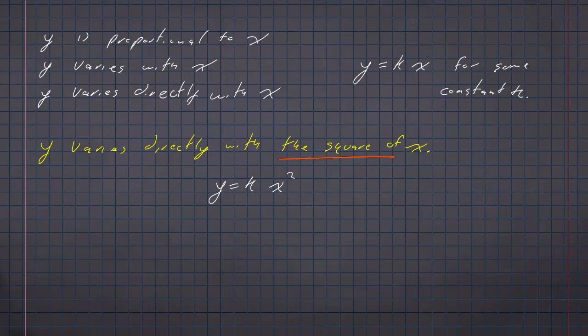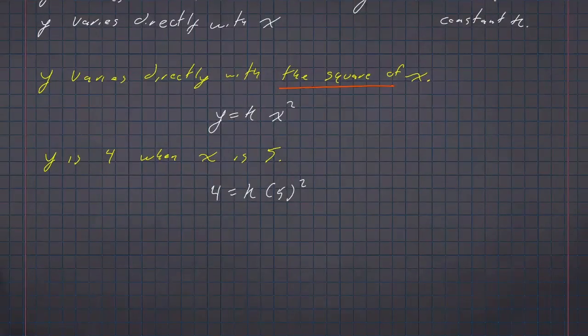Then if we know some particular values for a particular situation, say y is 4 when x is 5, we can plug those things into x and y and write out the equation. 4 equals k times 5 squared. 5 squared is 25.